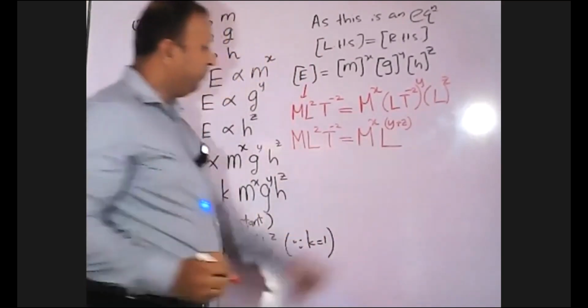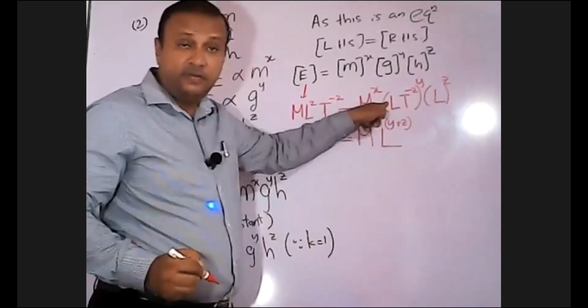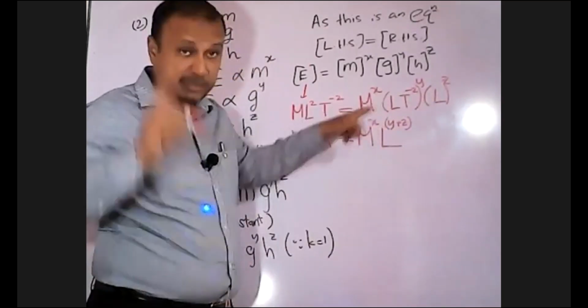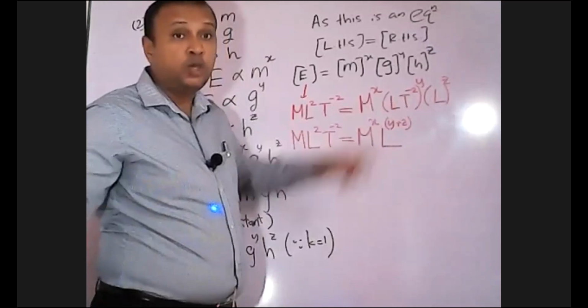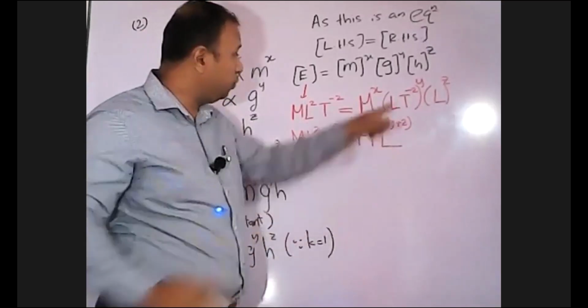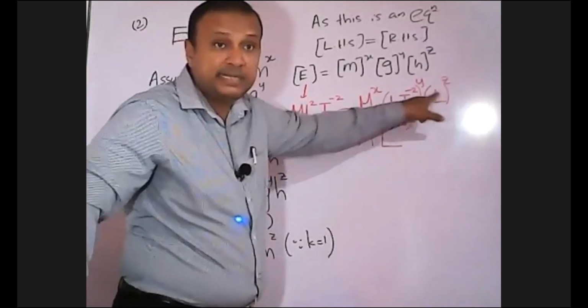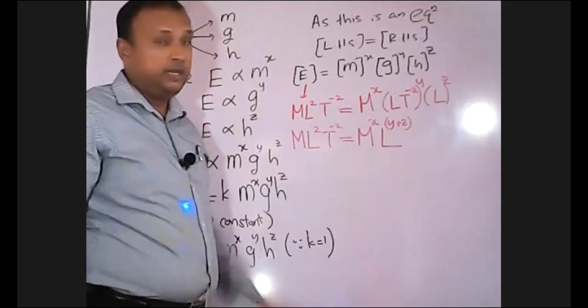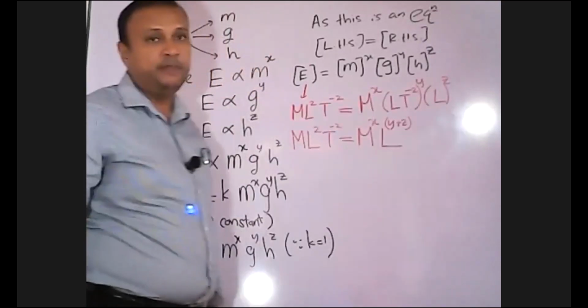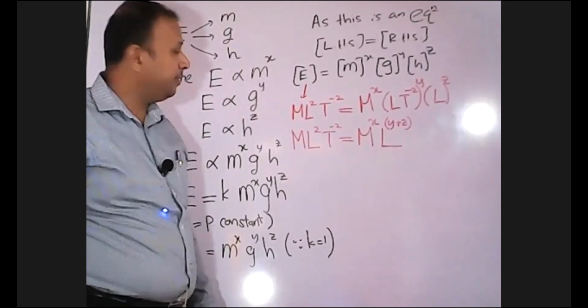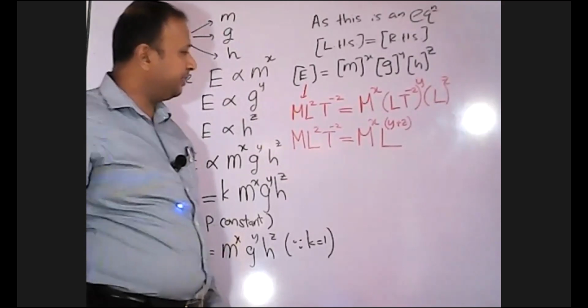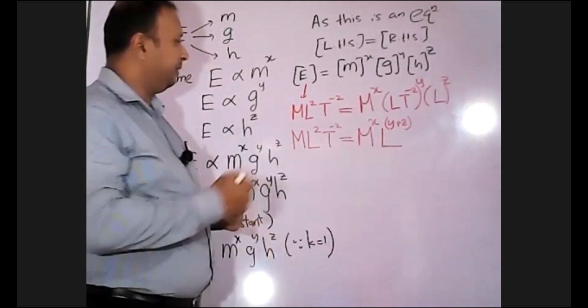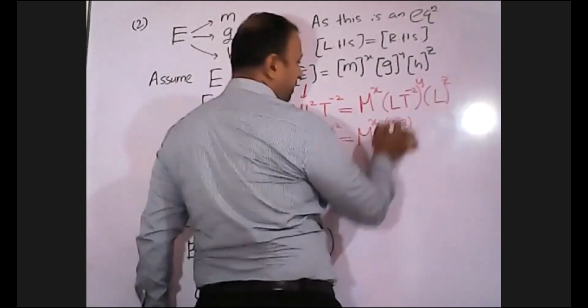Because if any two same bases are multiplied with each other, the powers will be added. Then I have simplified L.